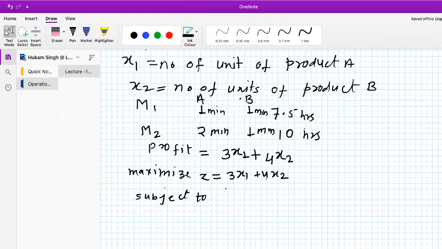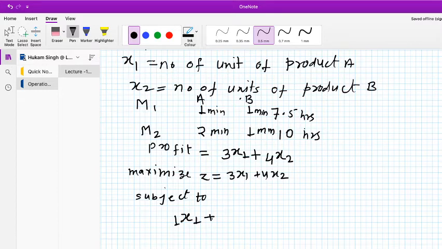So how much time will x1 and x2 take on machine M1? Product A takes only 1 minute, and we are producing x1 products of A type. So 1 into x1 is the time taken by x1 units of product A on machine M1.